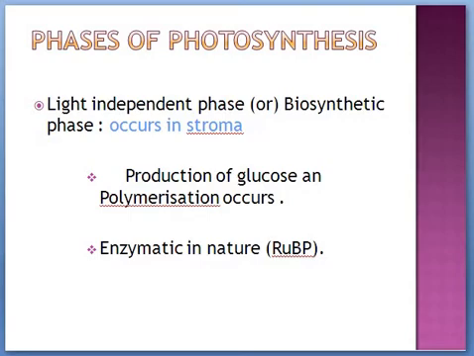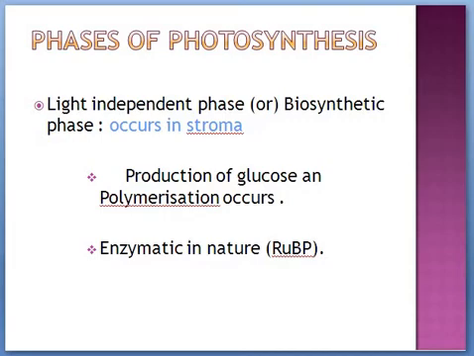Polymerization means formation of a complex molecule by addition of too many small glucose molecules. That is what polymerization is. Polymerization in photosynthesis is production of glucose. So where does polymerization occur in photosynthesis reactions? In the dark phase. How can you define polymerization?